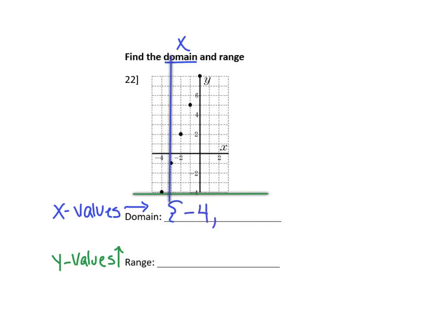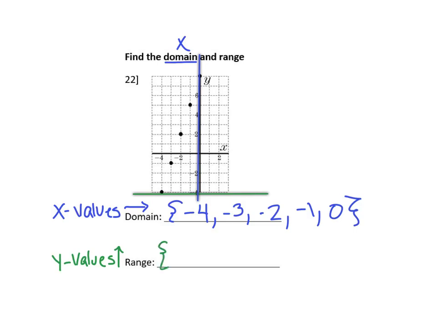Then I go to the next one. This has an x value of -3, followed by -2. Then we have a -1. And our last is 0. Because none of these values repeated, this is a function.